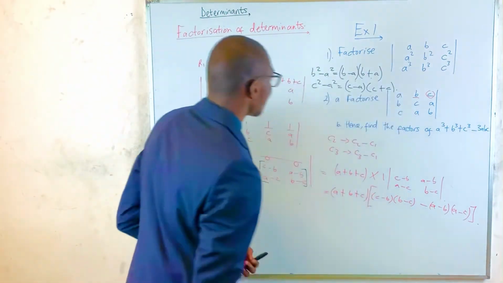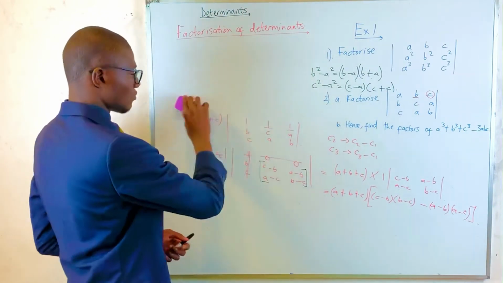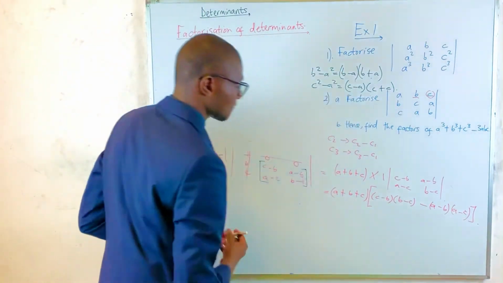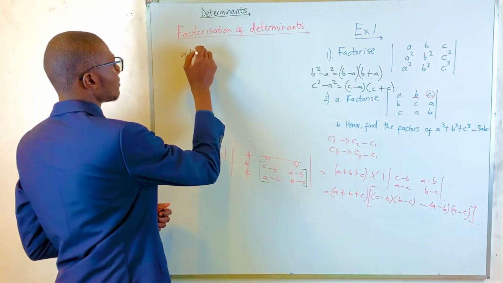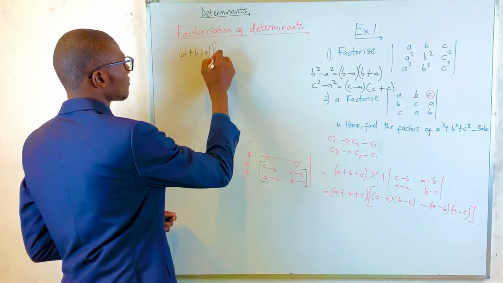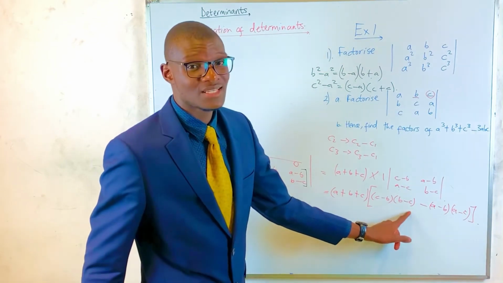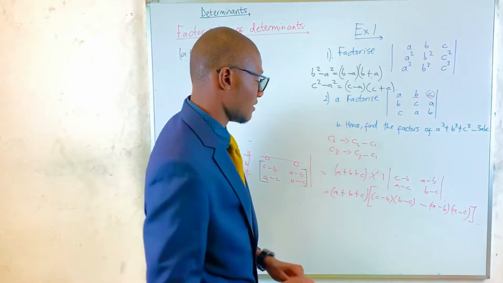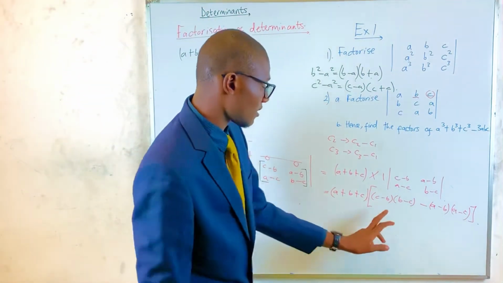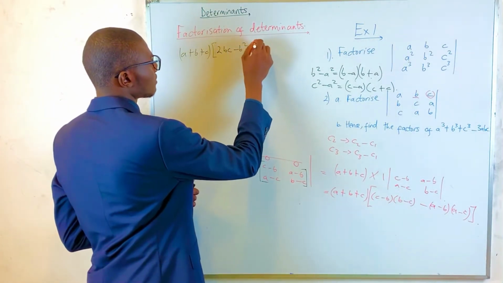So allow me to erase this top part so that I can create space to calculate that expansion. Now we expand. We have A plus B plus C, then square brackets. This is simply BC plus BC, so 2BC, then minus B squared minus C squared.